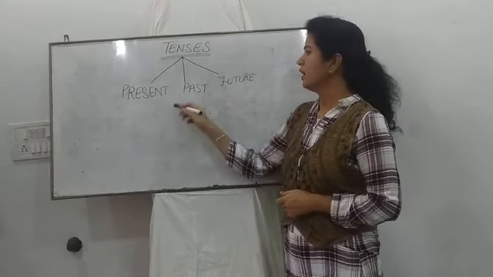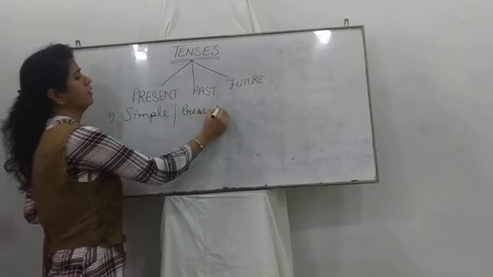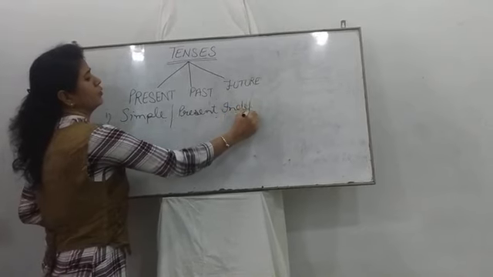Present tense means the time which is going on, and it has four parts. First one is simple or present indefinite tense.